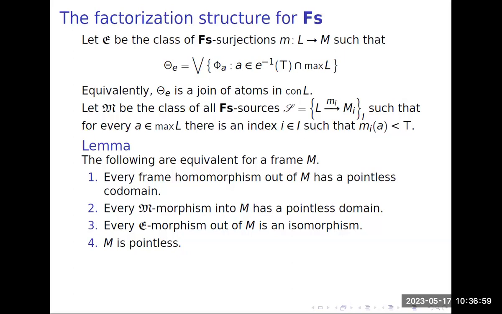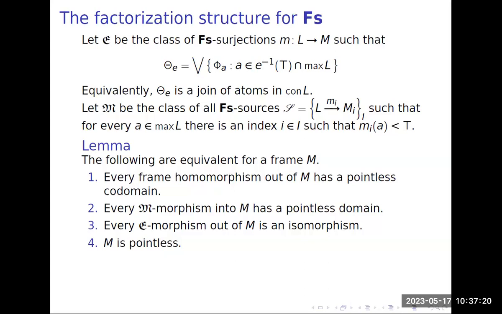That tells you that the morphism is only doing what it's forced to do by virtue of having taken certain maximal elements to the top. An equivalent formulation is that these are the morphisms whose congruences are the join of atoms in the congruence lattice.